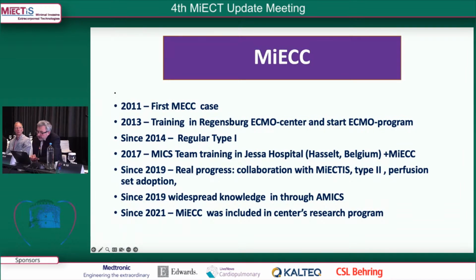Here is a real history of my effort in implementation of this technology. We have implemented MiECT since 2011, but real progress began in 2019, when we started to collaborate with the Thessaloniki team and Professor Anastasiadis.